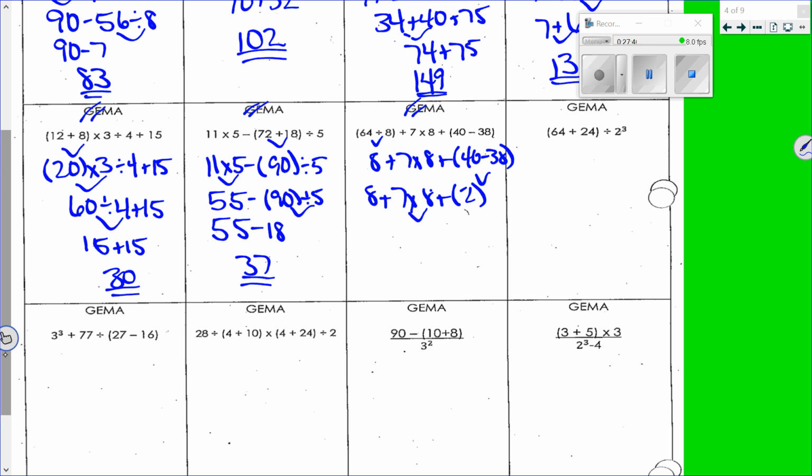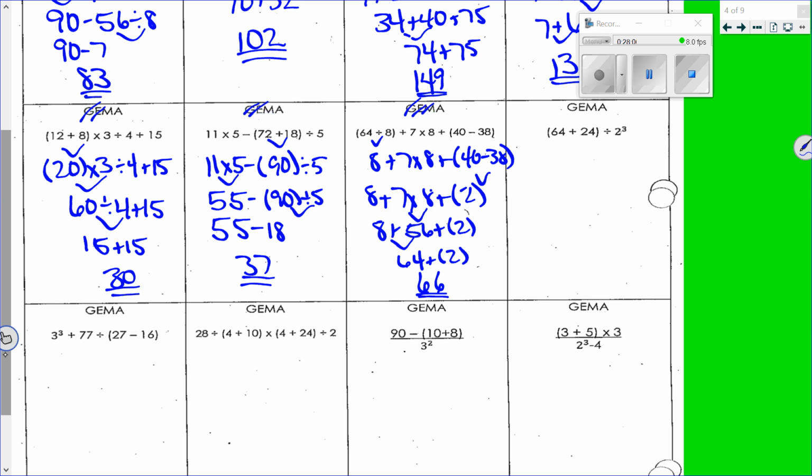Multiplication, division. I've got one in the middle. And I'll be honest, guys, this is the one that messes students up more than any. When you have a number plus and then multiply, so many times they do that first. They add the first instead of multiplying. 56 plus 2. Excuse me, at this point, it's all addition, so we're just going to go straight across. 64 plus 2, or 66.